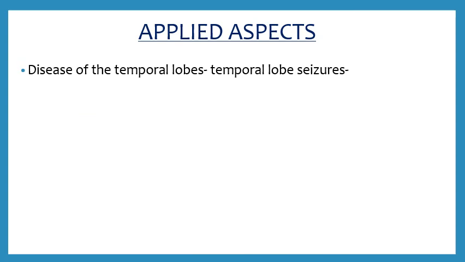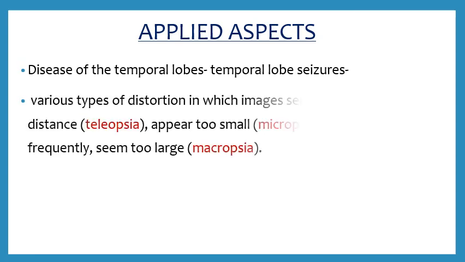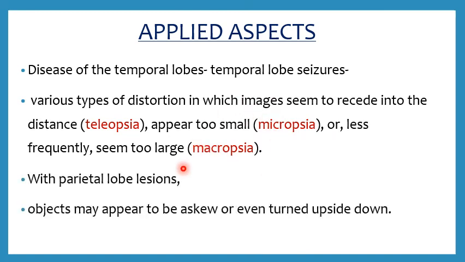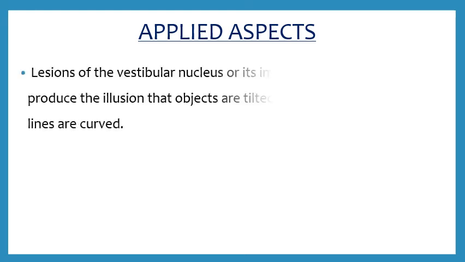Next, if you have diseases in the temporal lobes, like temporal lobe seizures, there will be distortion of the images. For example, they may seem to recede into the distance, which is called teleopsia, or they may appear too small, as in micropsia, or too large, as in macropsia. With parietal lobe lesions, the object may appear askew or even turned upside down.